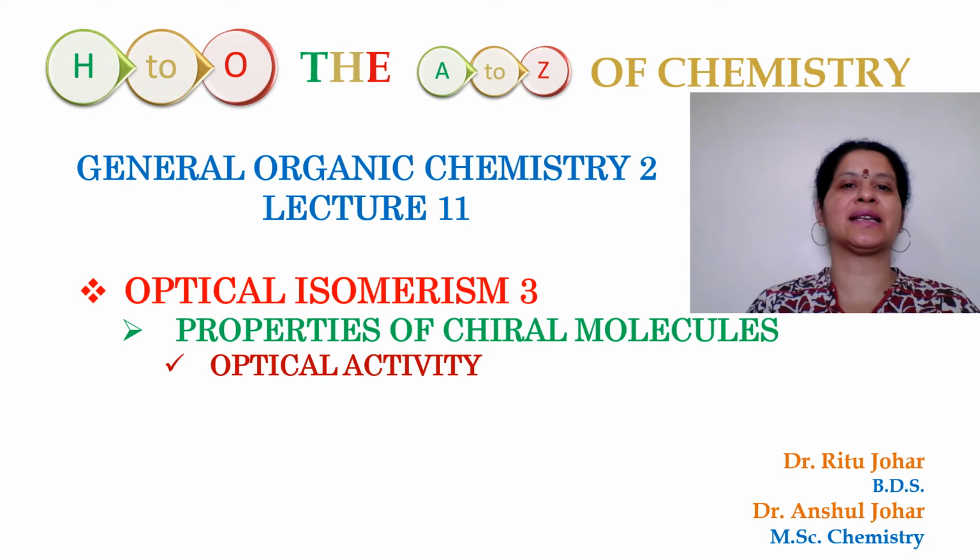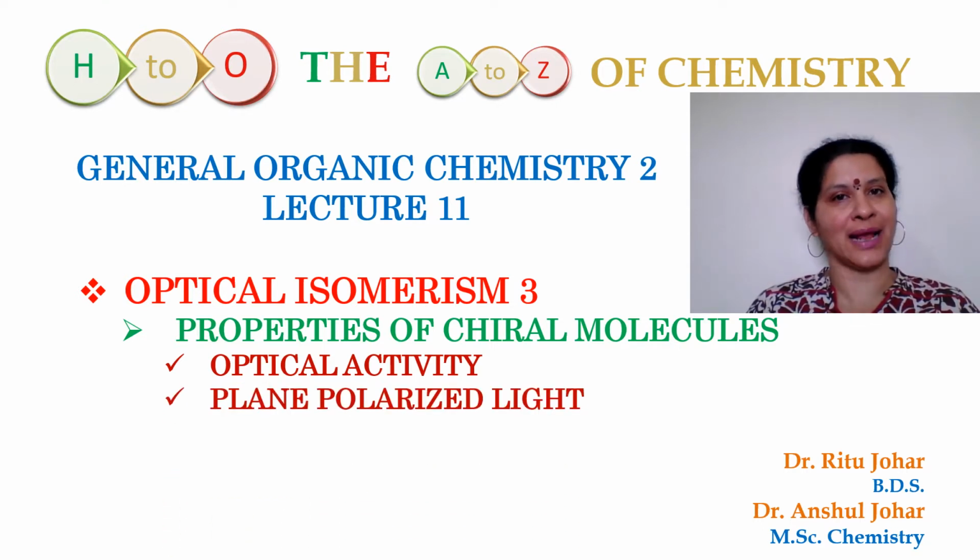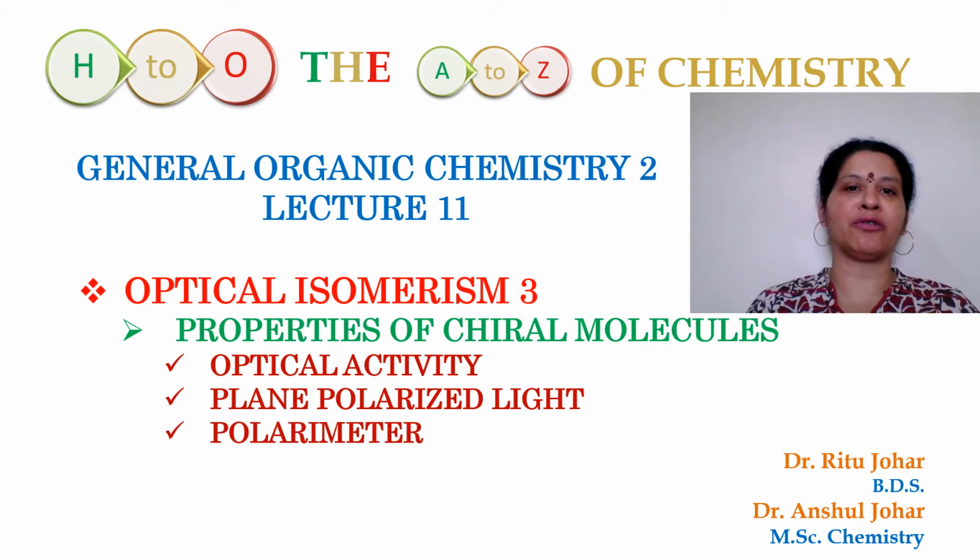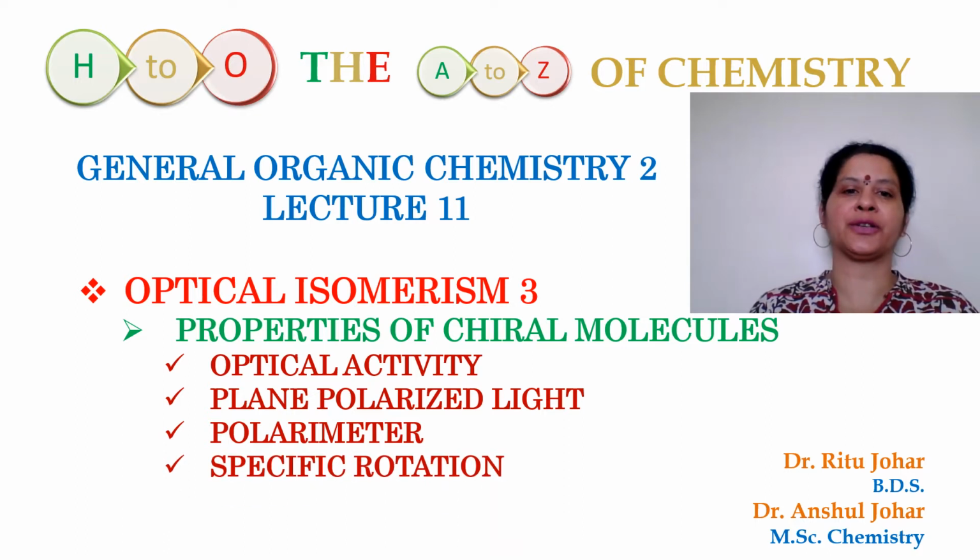And in this process, you are going to learn a very important concept. What is plane polarized light? What is the working of a polarimeter? How does it measure the optical activity of various molecules? And a very important term is going to come in between, that is going to be specific rotation. So all this we are going to learn today.